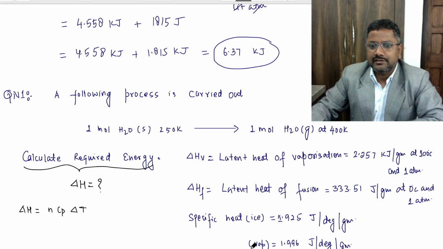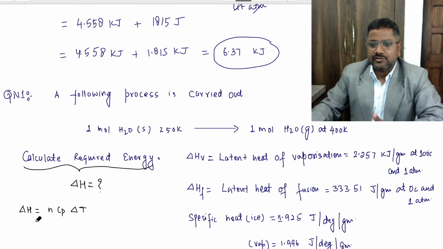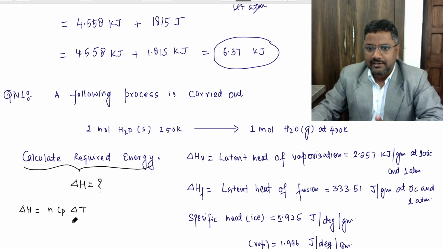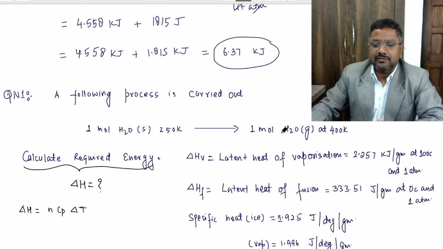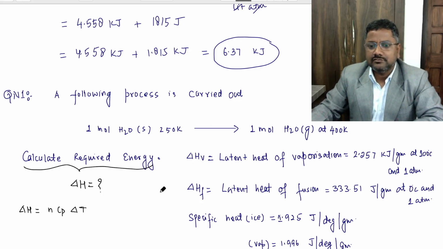So you can take them directly here and calculate very easily, because delta H is equal to nCP delta T. n is given as 1 mole, and the temperature difference here is 400 Kelvin. You have to take this water from this to this, right? And so delta T is given.